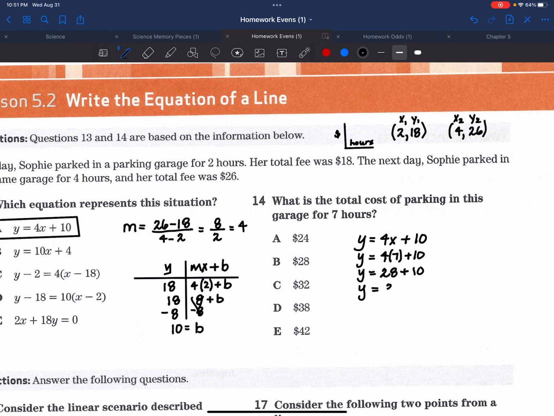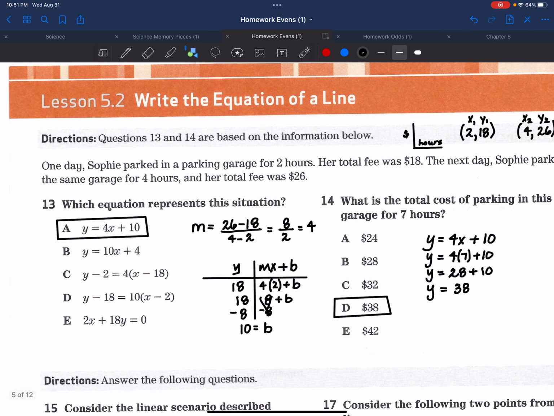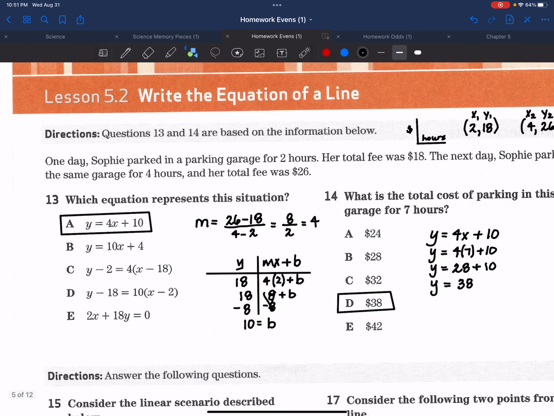She's probably going to see that lawyer in the last problem that we had. So the cost is $38, or option D. So 13 is A, 14 is D.